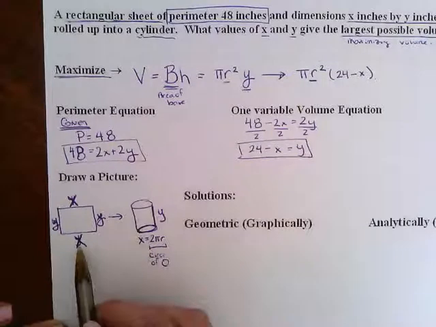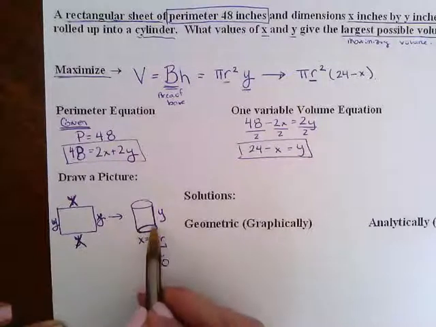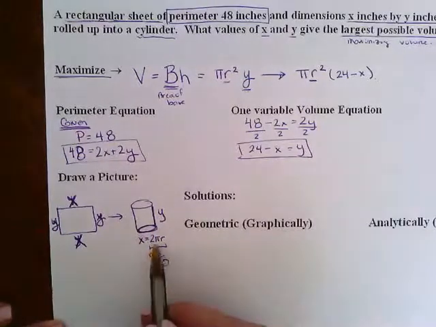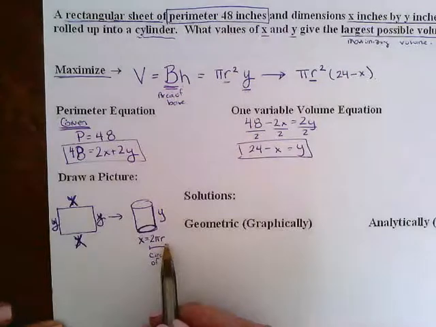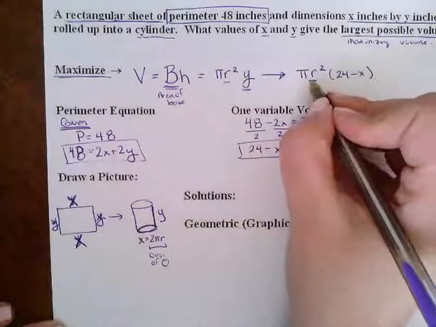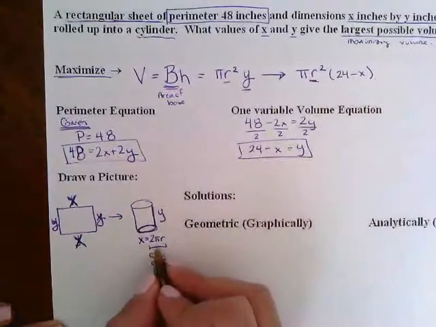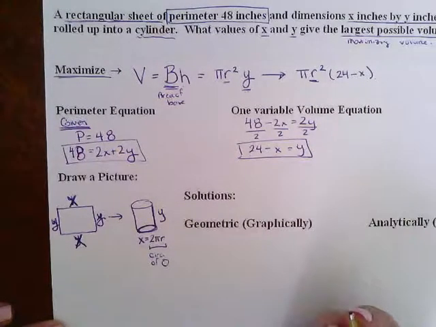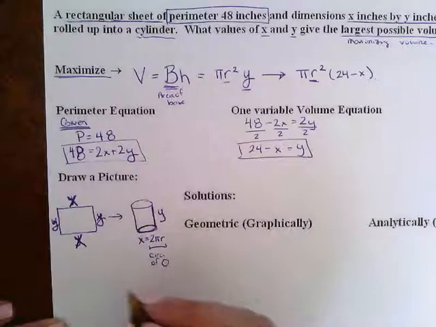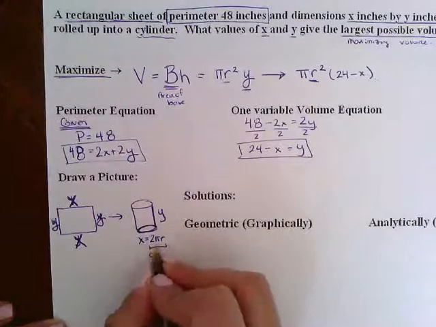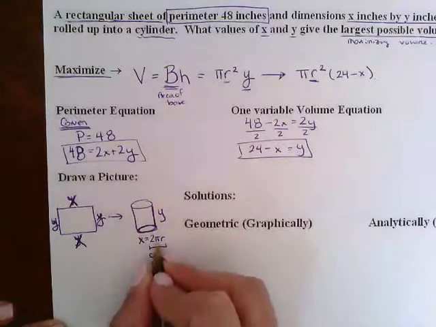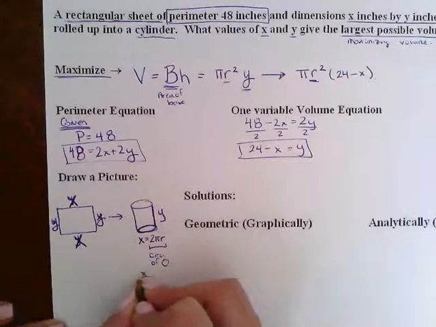We know that x becomes a circle, so x actually is the same thing as 2 pi r. So I can rewrite this in terms of x, so x divided by 2 pi equals r.